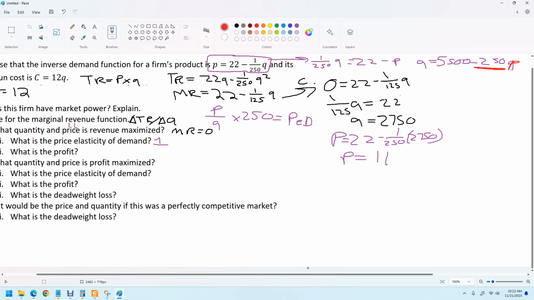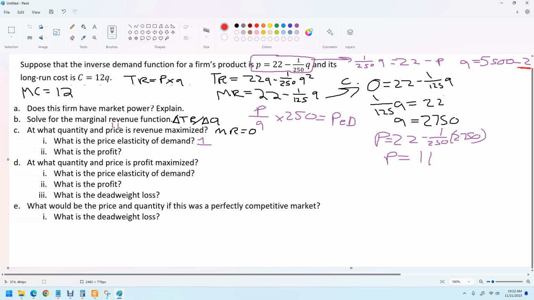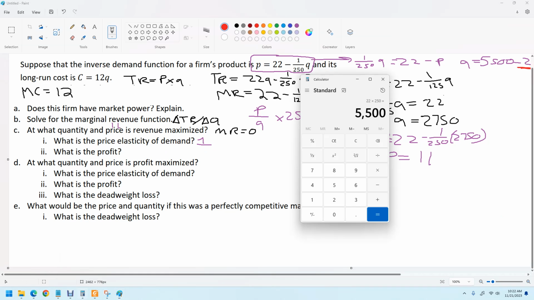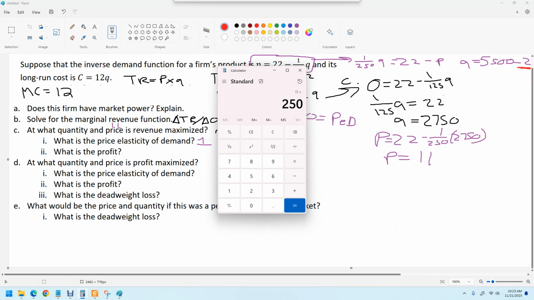Okay, the profit right there. We need to go total revenue minus total cost. Our total cost function is right there, and we're going to use that. Total revenue is how many units times the price. So we're going to multiply 11 times the quantity we want to produce, which is 2,750.